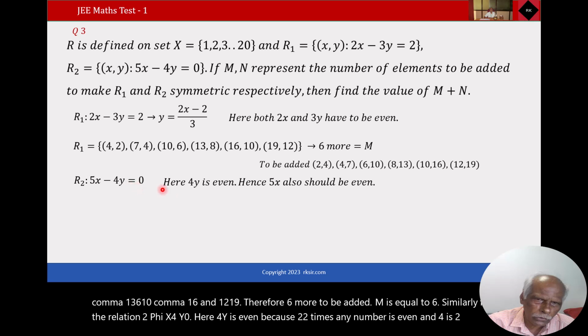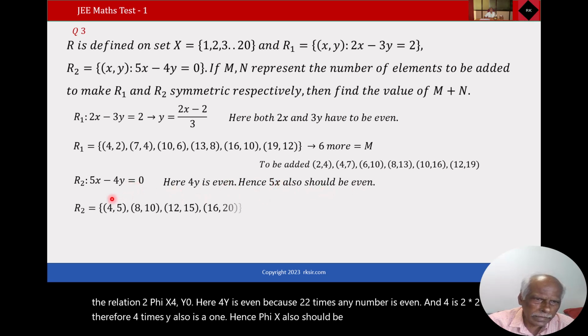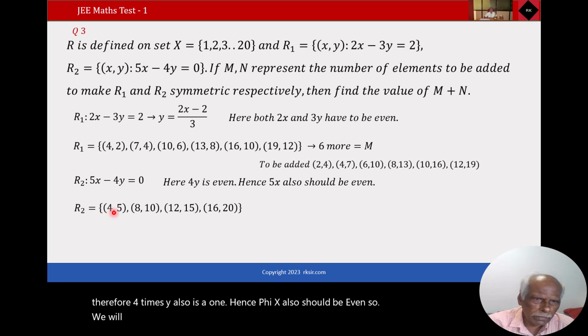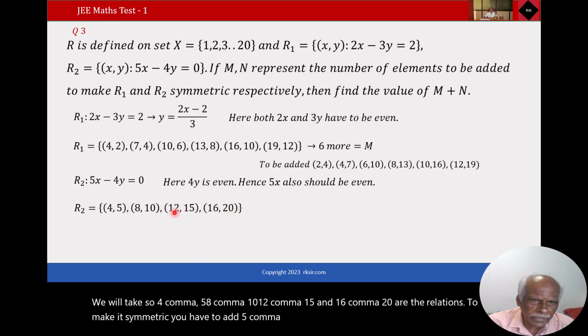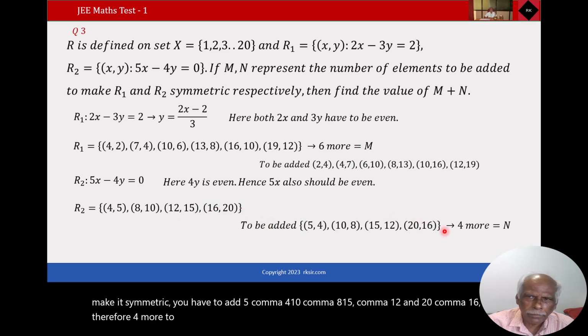Therefore, 4 times y also is even. Hence, 5x also should be even. So, we will take 4 comma 5, 8 comma 10, 12 comma 15 and 16 comma 20 as the relations. To make it symmetric, you have to add 5 comma 4, 10 comma 8, 15 comma 12 and 20 comma 16. Therefore, 4 more to be added. Therefore, m plus n is equal to 10. 6 plus 4 is 10.